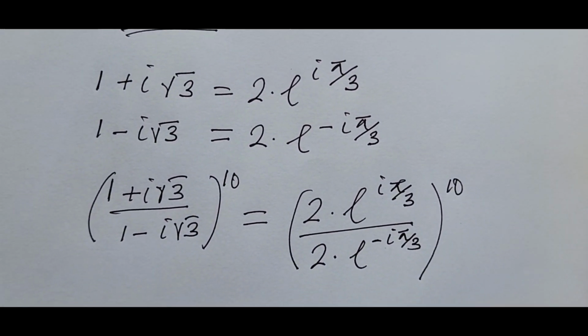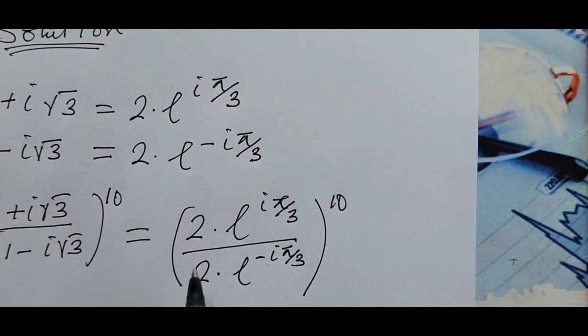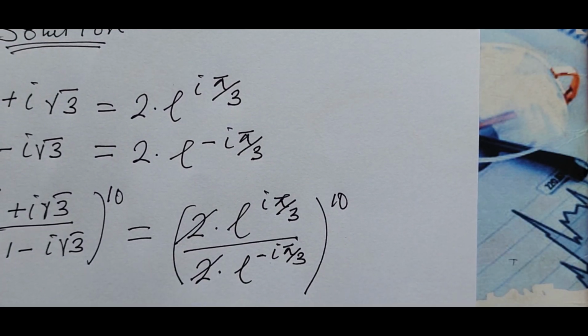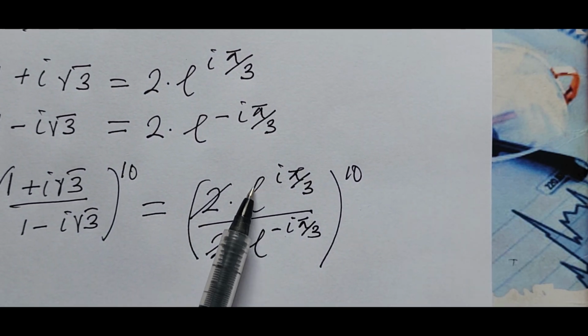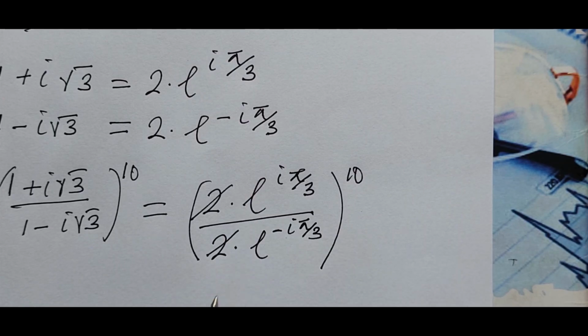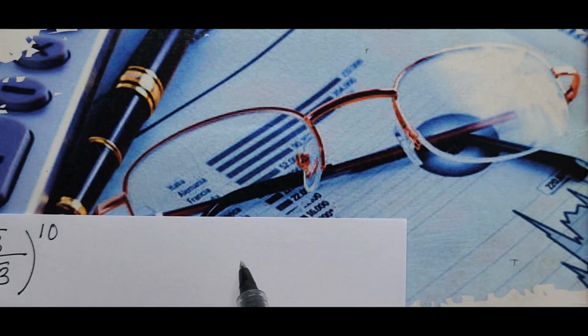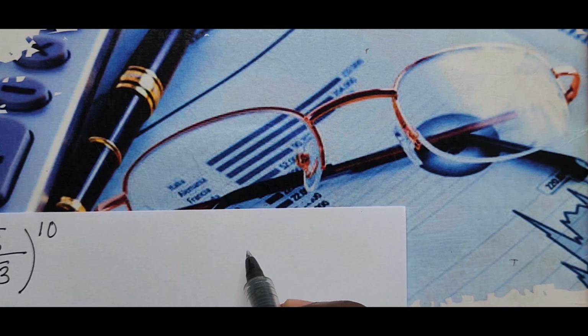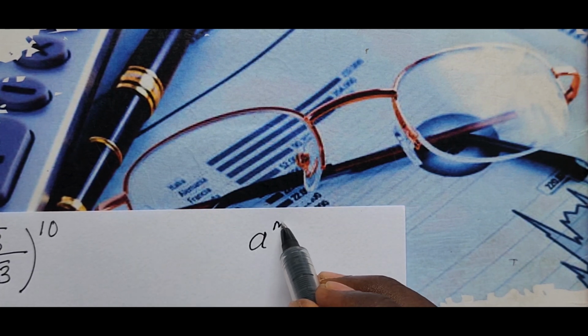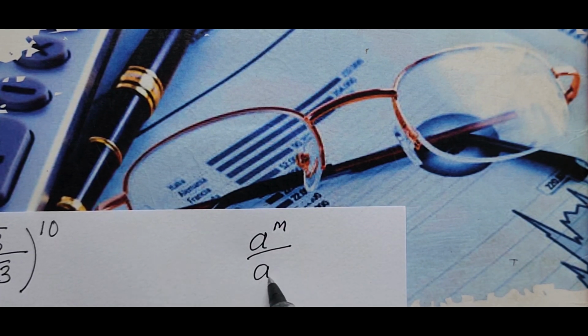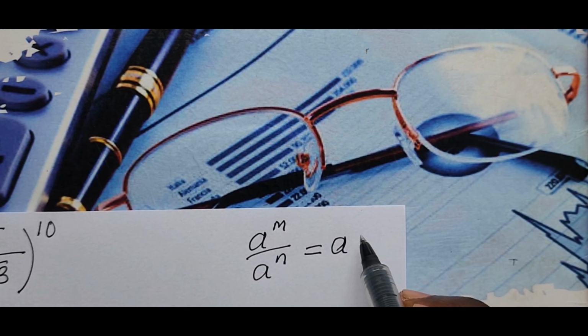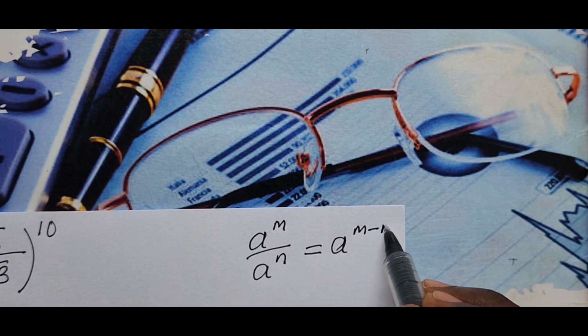Good. Then from here, we discover that the 2 and the 2 will leave the system, and the e's have the same base, right? So we're going to apply the property of indices, which says that when you have a to the power of m all over a to the power of n, this is equal to a to the power of m minus n.